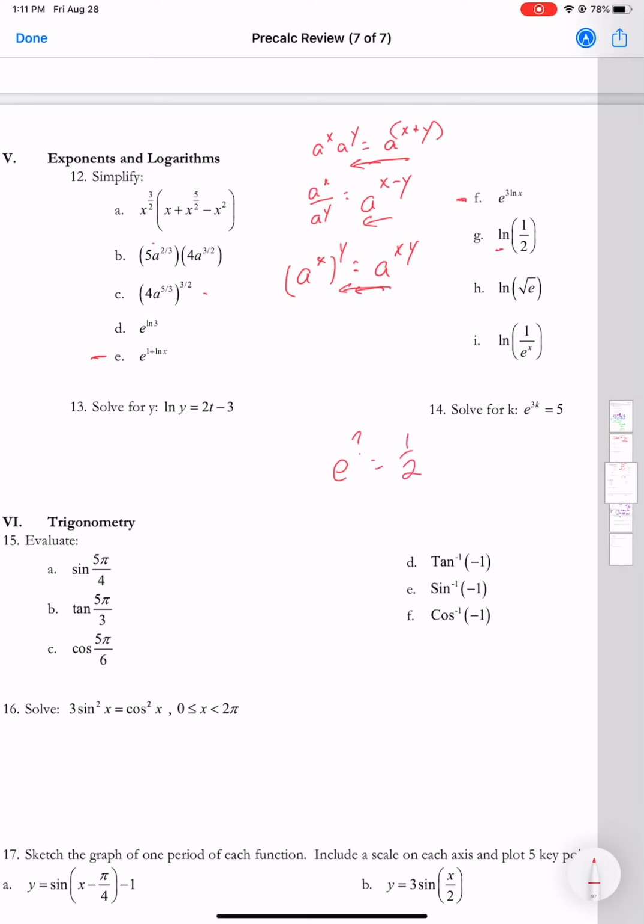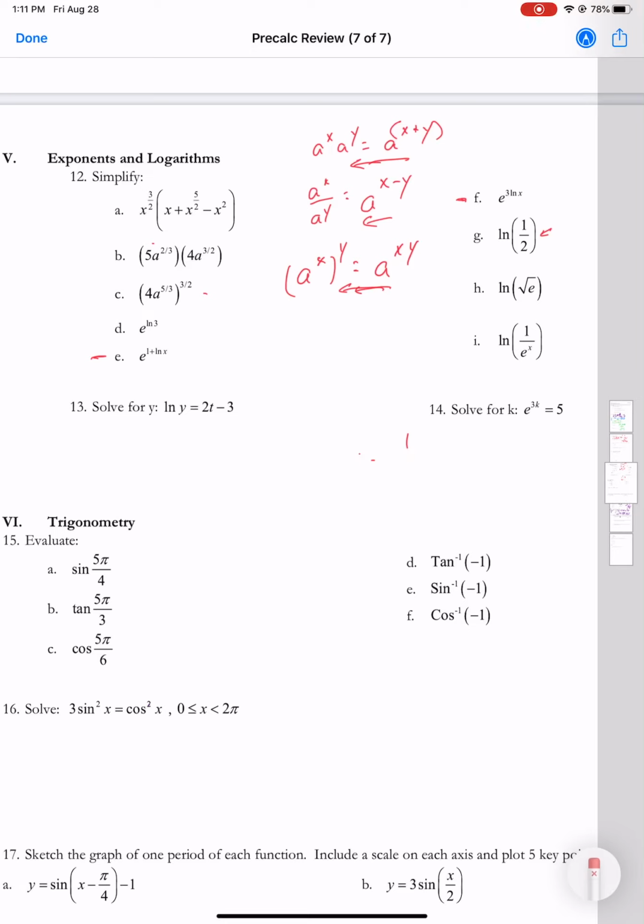So e is just a number that is like 2.7, blah, blah, blah. It goes on forever. It's just a number kind of like pi. It's not important what it is, it's a number. So natural log is asking e, the number e, to what power equals that thing. So you're working with exponents there still when we're talking about a natural log.